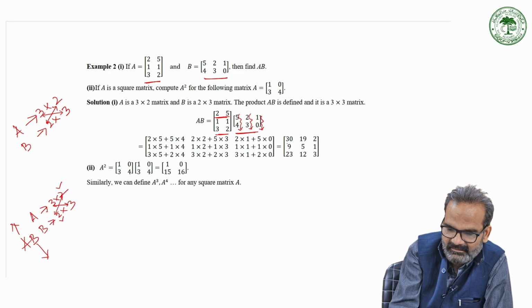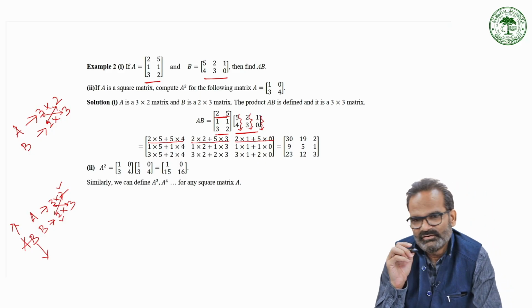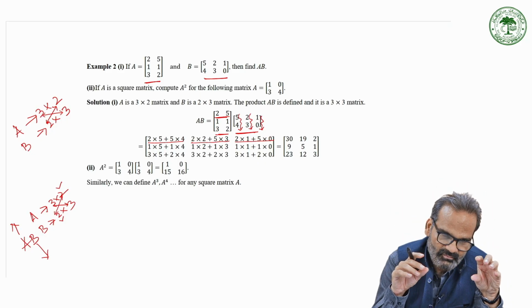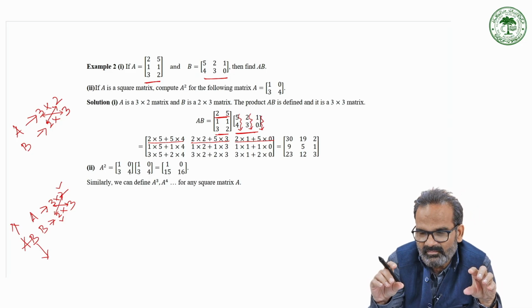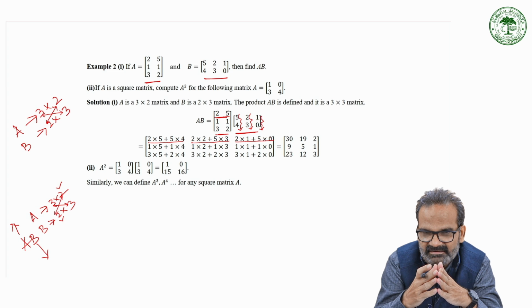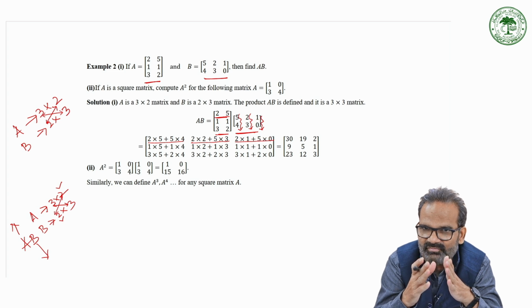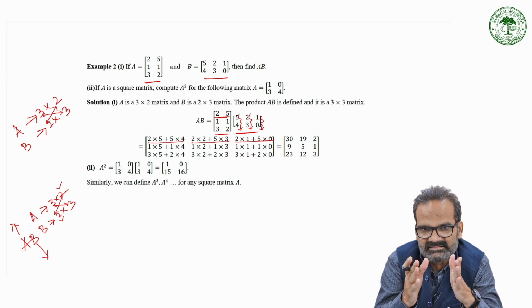So we are getting this, this and this, right? Then you will multiply the first row of the first matrix with the first column of the second matrix.